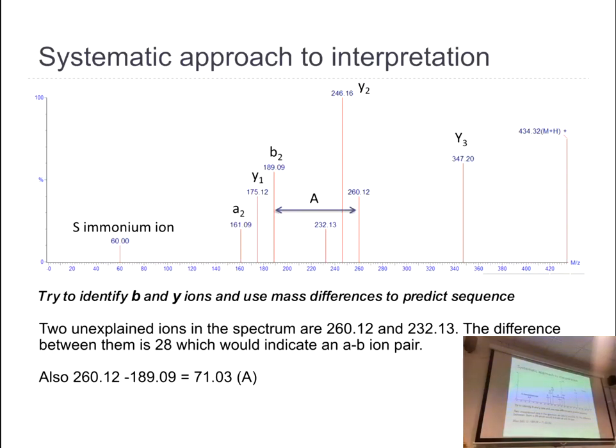It doesn't tell you anything about the position of where the serine is. Don't get confused because S is the first one as well. It just tells you that you have a serine somewhere in your sequence. It doesn't tell you where. That's a coincidence that you got the serine. The ammonium doesn't give you positional information.